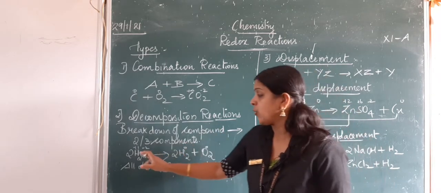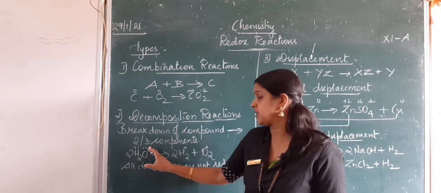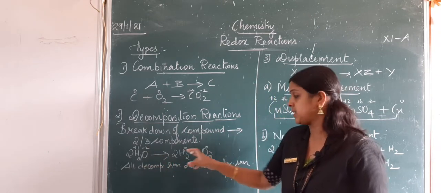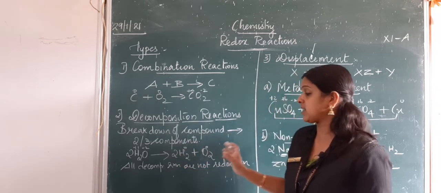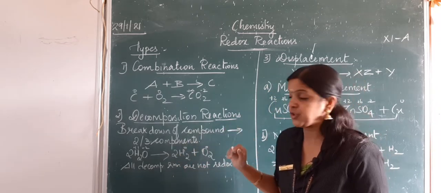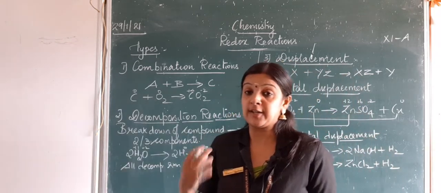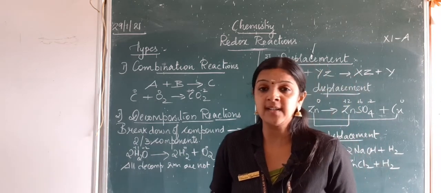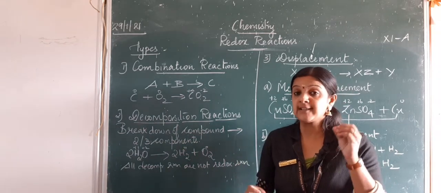Water has an oxidation state of +1 for hydrogen and -2 for oxygen. When it splits into its individual atoms, they will be in the elemental state of 0, which shows that it is a decomposition reaction. Not all decomposition reactions are redox reactions. Even the decomposition of calcium carbonate giving calcium oxide and carbon dioxide is not a redox reaction.